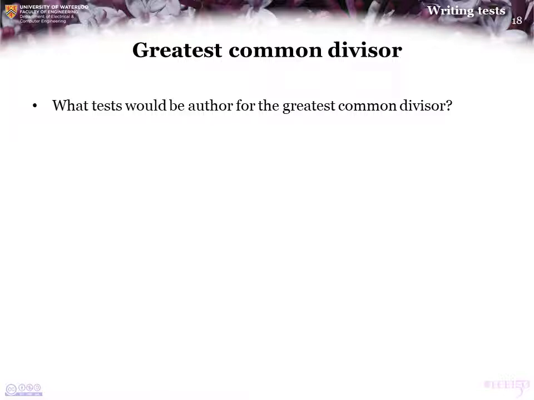All right, let's say we were writing a function that calculates the greatest common divisor of two arguments. Well, first of all, I'd want to test to make sure that the GCD of n and itself is equal to n.